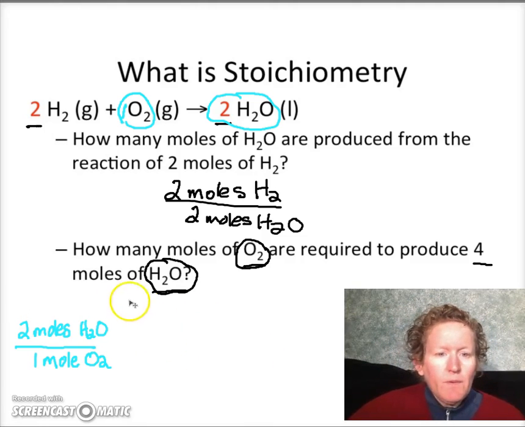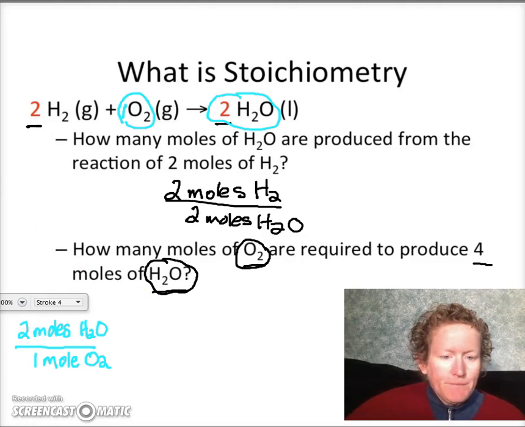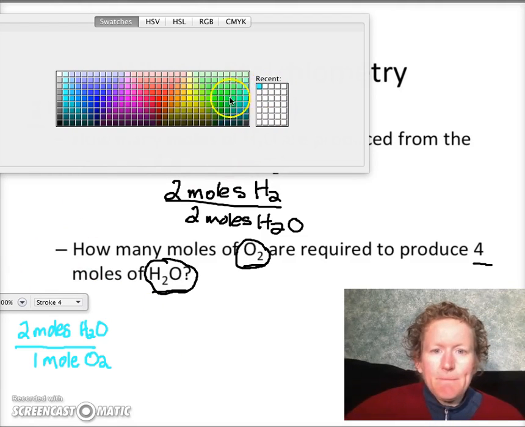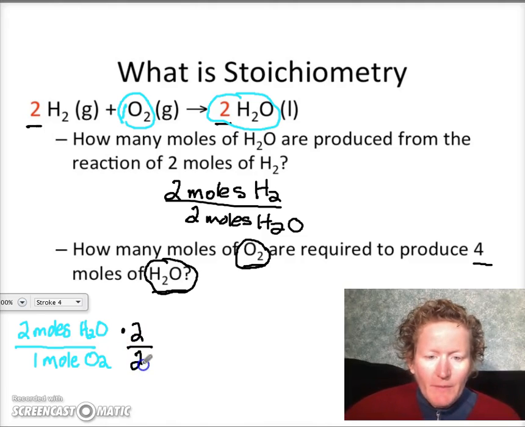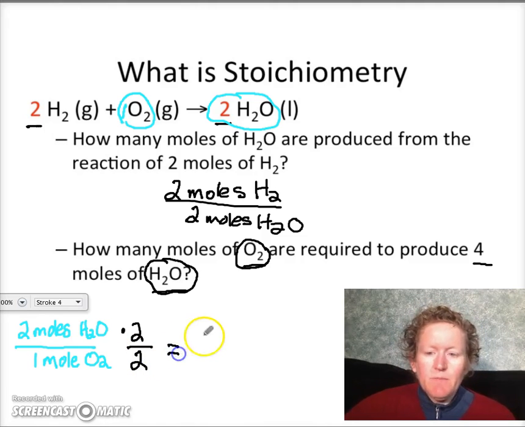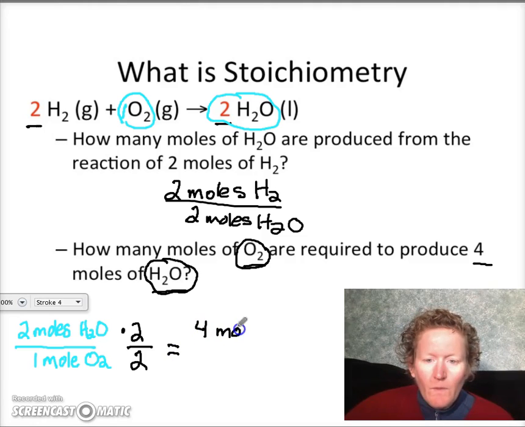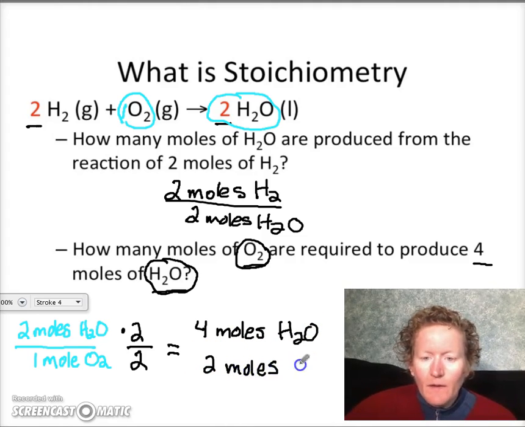If we want 4 moles of H2O, we have to multiply by 2, because 2 times 2 equals 4. And if we multiply the top by 2, we have to multiply the bottom by 2. That's just math to keep the same ratio. So that would give us 4 moles of H2O and 2 moles of oxygen. So we've answered our question there.